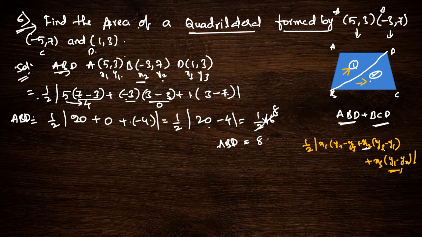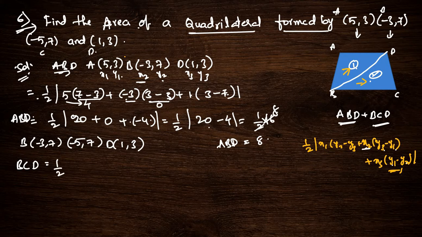Now we have to find BCD. So what are the points? B is minus 3 comma 7, and C is 5 comma minus 5 comma 7, and D is 1 comma 3 here.